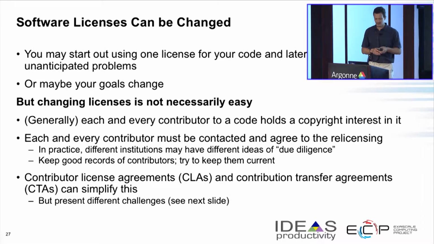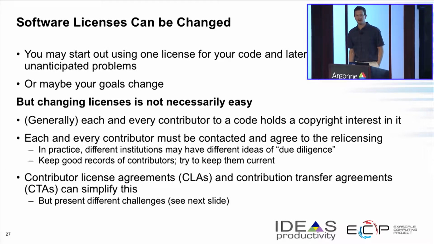All right, software licenses can be changed. So over time, considerations might evolve, or maybe your goals change, maybe your lawyer changes. But this is not a very easy thing to do. When someone contributes to a code, they have a copyright interest in that code.